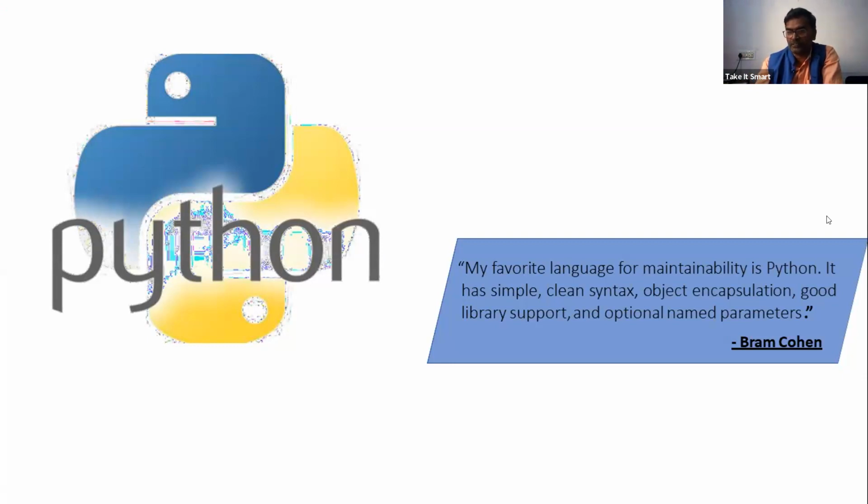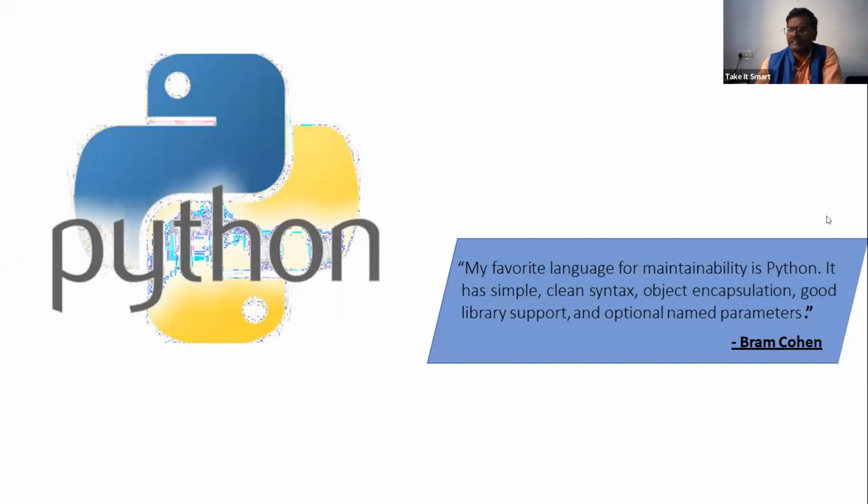Is it correct what he says, or do you have some objection to this? It's a favorite language for him, and maybe it is for you also. Out of you, who has Python as a favorite language? Somebody may have Java as a favorite, but somebody may have Python.